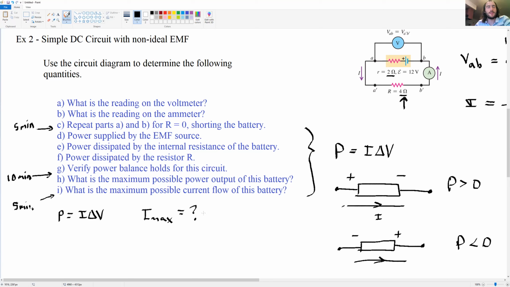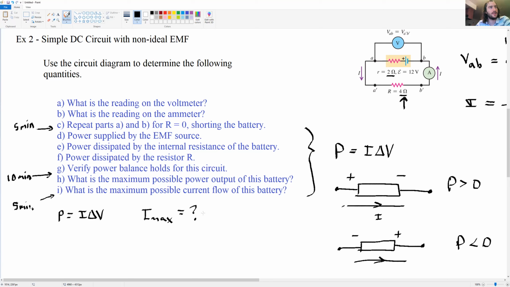Well, since batteries have an internal component of their resistance, that means that in order to attain maximum current flow, we should short the battery. In other words, we should connect the battery to itself with a wire that has zero resistance. And when we do that, we will always be limited by the amount of current that battery can supply because of its internal resistance.